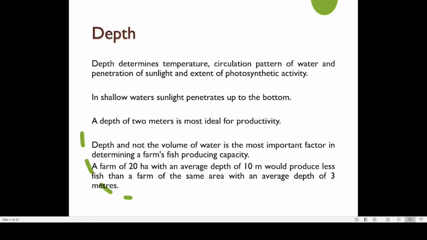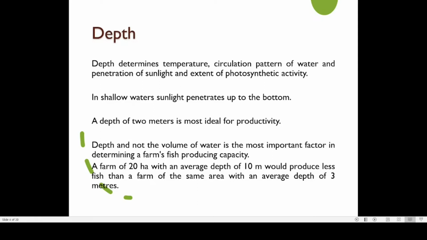So when we are selecting a pond for aquaculture or growing fish, we have to make sure that the water is of good quality and also of sufficient depth, not too deep or too low. There should be a moderate depth.